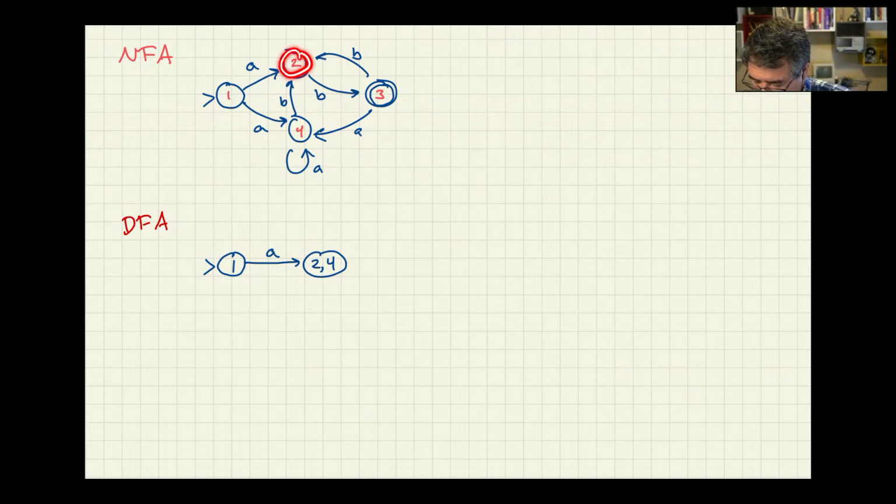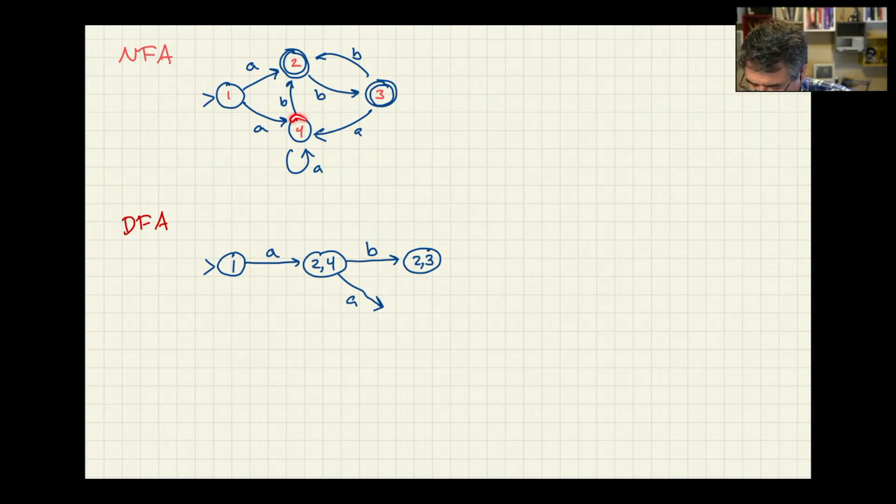And then out of 2 and 4 at the same time, what do we see? We see a B here, an A here. So we know there's a B and an A. So out of 2 and 4, B takes us to 3. B also takes us to 2. So we know this is 2, 3.